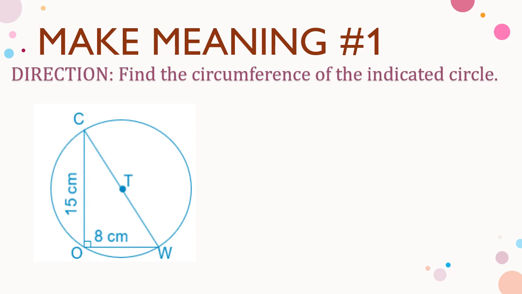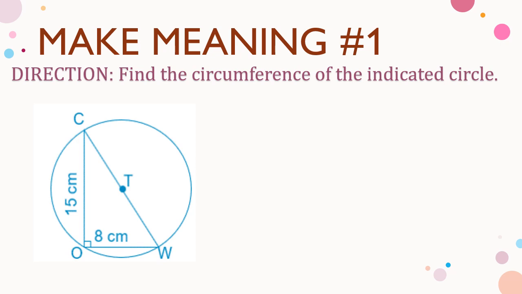Okay, for our next figure, we are supposed to find the circumference this time. If you look back at the formula of circumference, we need the detail on the diameter or the radius. But as you can see in our illustration, we don't have any detail for radius or diameter, but we do have a clue or hint. We have an integration of our concept on triangles.